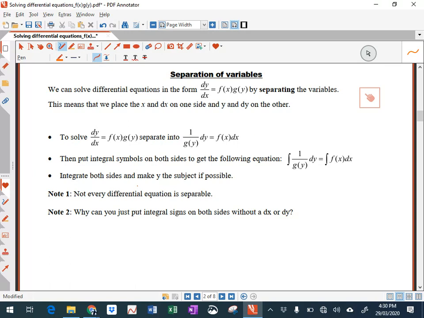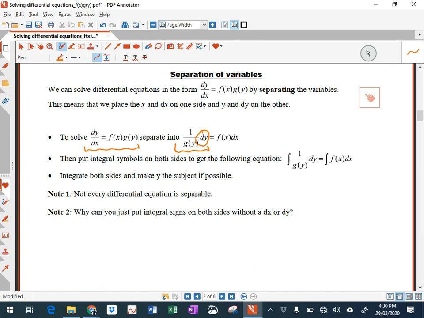The other thing to consider is this: what will that actually look like? Well, when we separate them, you get the reciprocal of g of y with the dy on one side, and then f of x with the dx on the other side. Once you've done that, what do you do then?